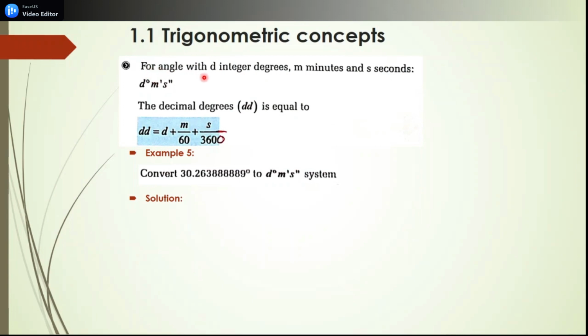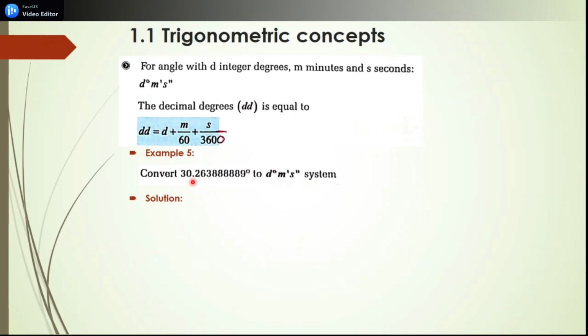For an angle with integer degree D, M minutes and S seconds, as here you see, the decimal degree DD can be calculated as here you see. Then when you are asked to translate from degree, minutes and seconds into decimal degree, you have degree plus minutes over 60 plus seconds over 3600.